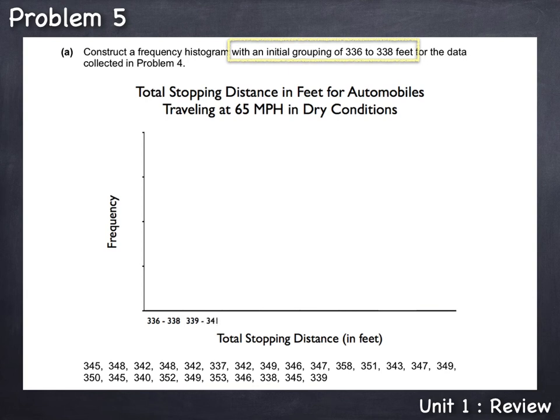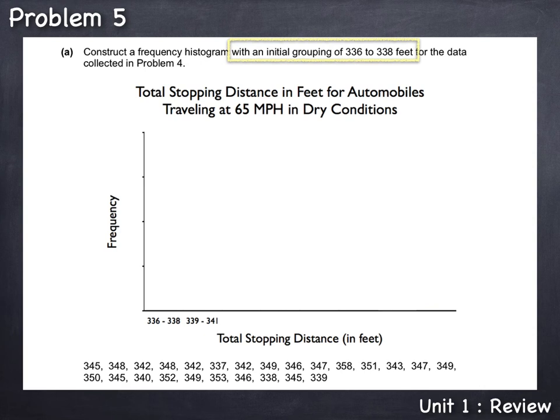And since we're grouping everything consistently by threes for total stopping distance, we include 3 distances. 339 would be 1, 340 would be 2, and 341 would be the third. So our second grouping ranges from 339 to 341 feet.